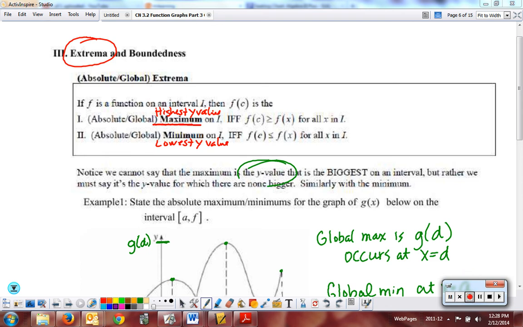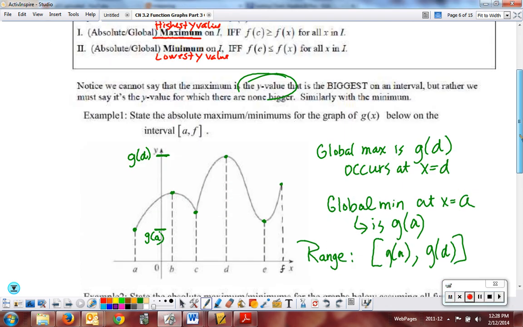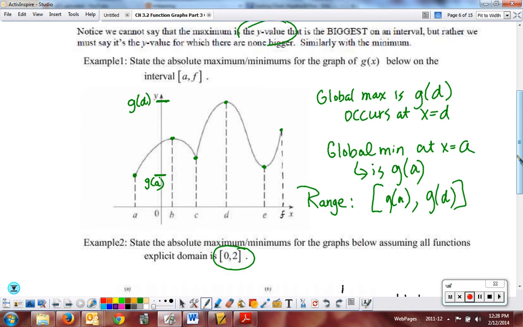And so we went through the notes and talked about that in our first example. Given all the green dots, you have a selection of points that may or may not be your absolute max. And again, to stress to you and everyone else, the global max is actually G of d, because it's the y value at x equal to d.